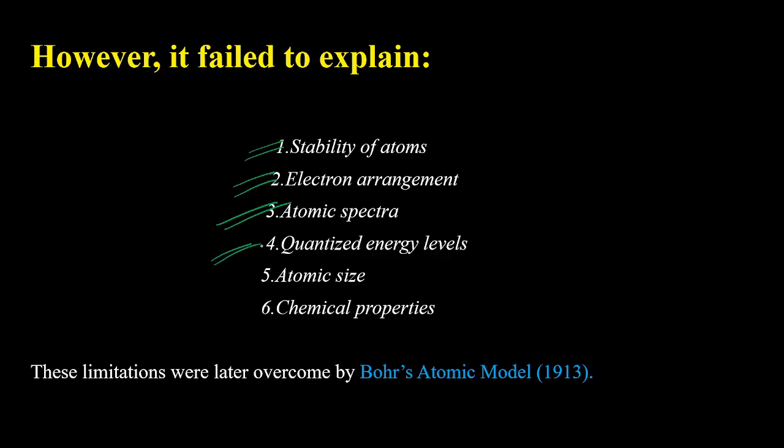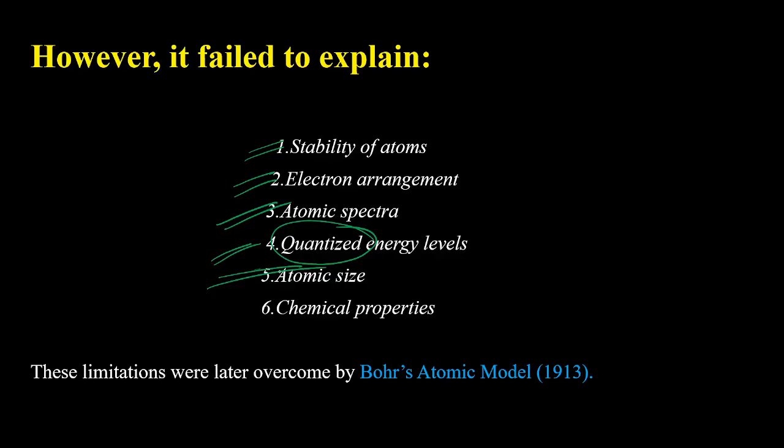Energy levels, that means where the electrons are rotating around the nucleus, does that circular path have any specific amount of energy? That means, is the circular path where the electrons are rotating around the nucleus quantized? Rutherford's atomic model is totally silent about that.